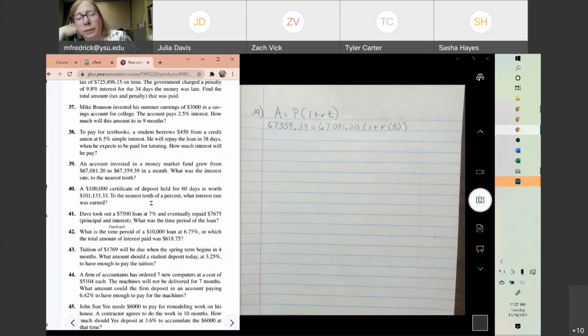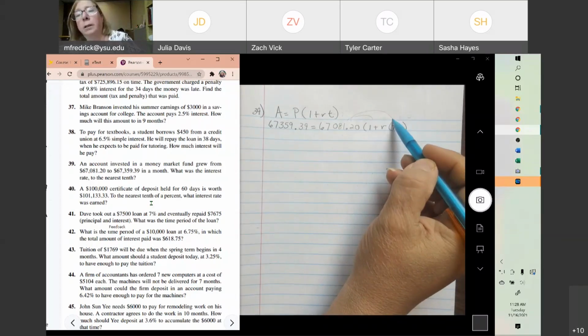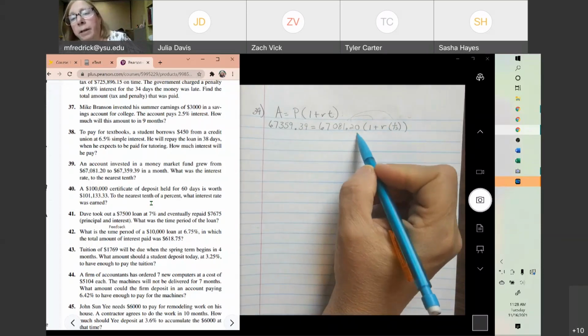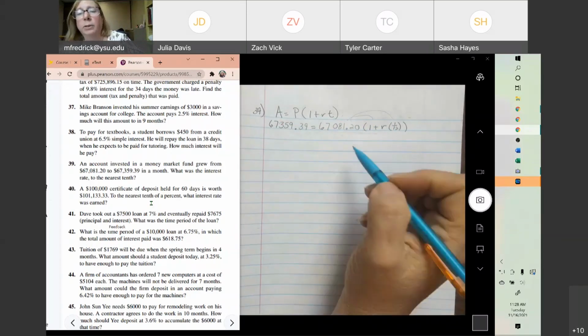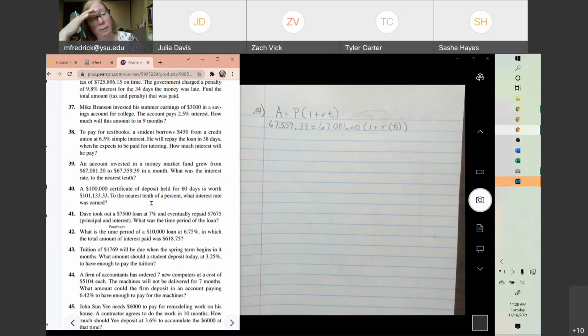Now to solve this, there's 2 ways you can go about it. One, we could distribute first and then solve, or we can divide by this and get rid of this. Do you think you would divide or distribute? Anyone have a preference?